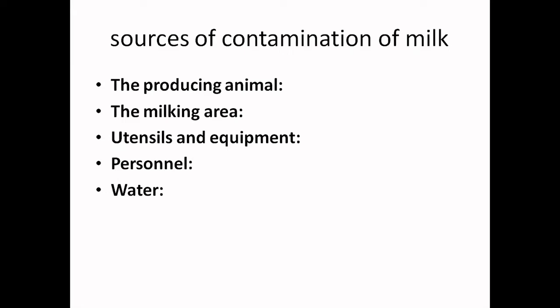Some common activities and sources of contamination are the milking animal. There are several principal sources of contamination of milk. From the time the milk leaves the udders until it is dispensed into containers, everything with which it comes in contact is a potential source of more microorganisms.